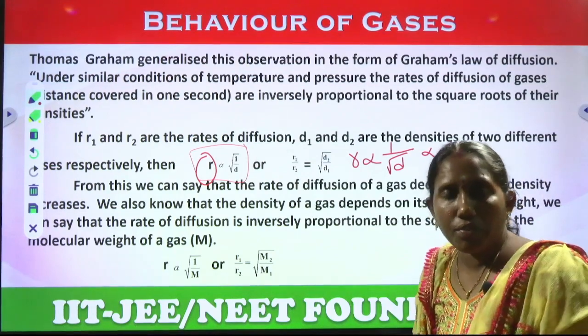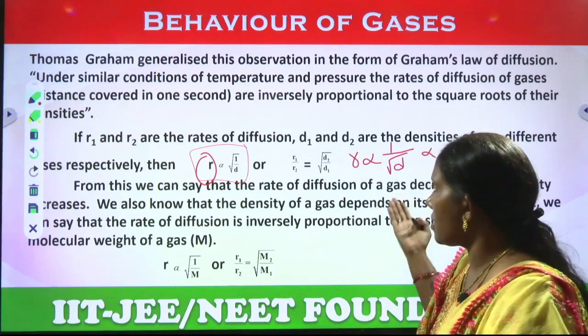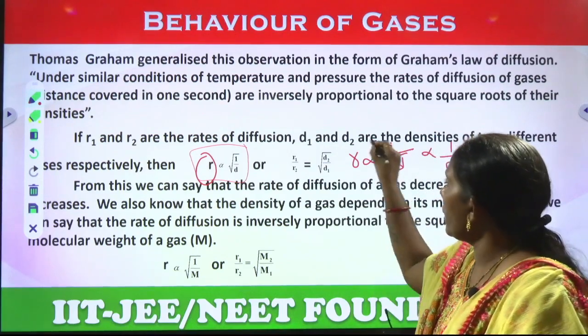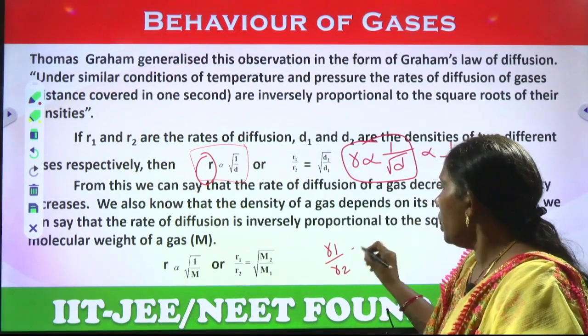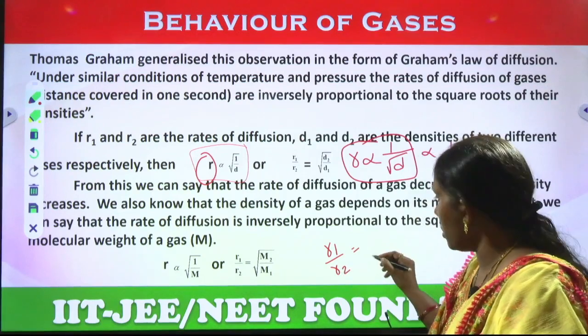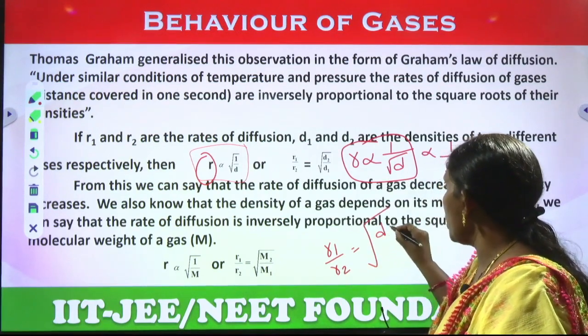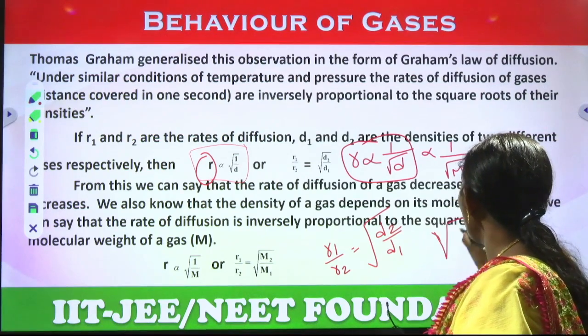For which gas we want to calculate rate of diffusion? That's molecular weight, that gas is density. So when we are taking two different conditions, we can write R1 by R2, means rate of diffusion of first one by rate of diffusion of second gas is square root of D2 by D1 or square root of M2 by M1.